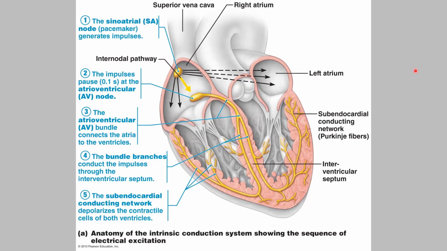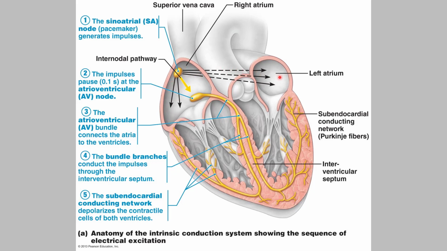So if we go back to look at the heart again, putting everything we've talked about in this lecture together now, the SA node depolarizes, the atria depolarize, the SA node passes that action potential to the AV node, and the AV node depolarizes. Now, while that depolarization travels through, go back to the atria.